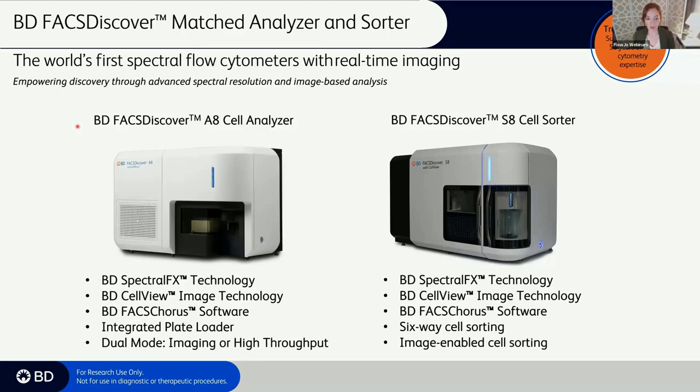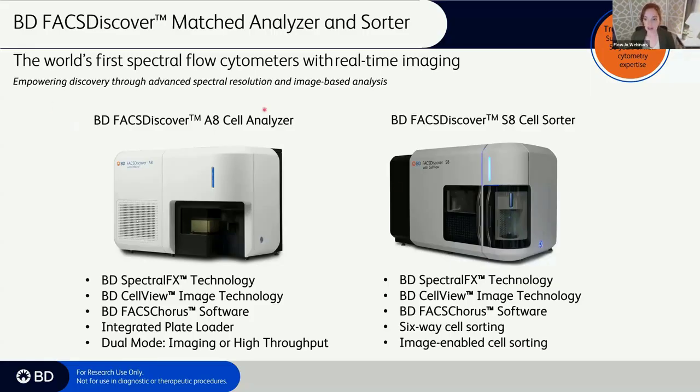But all in all, they both have spectral effects technology, which I'm not really going to talk about today, but it's just to say that it's an onboard system-aware unmixing that helps improve resolution and gives us better dye options, better opportunities to resolve dyes, and overall just better quality data.